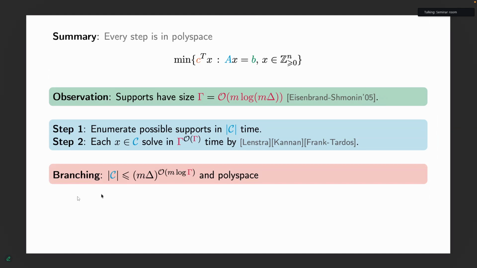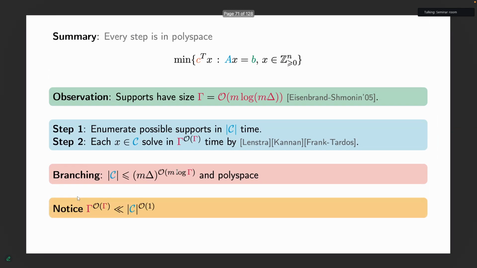Yeah, you use this branching procedure to bound the running time, to bound the size of this possible support set by delta to the m log gamma. And then the observation is this, and that gives you the running time.